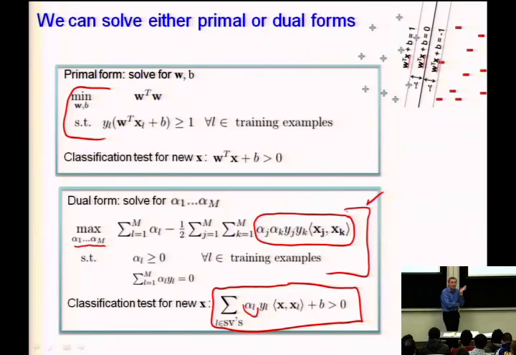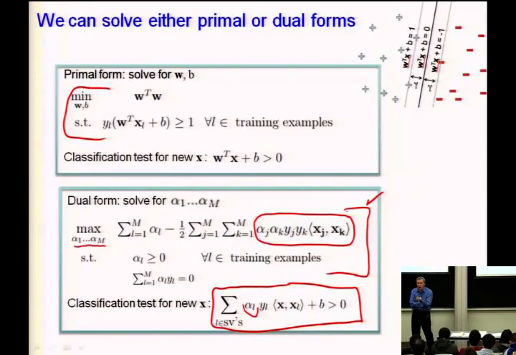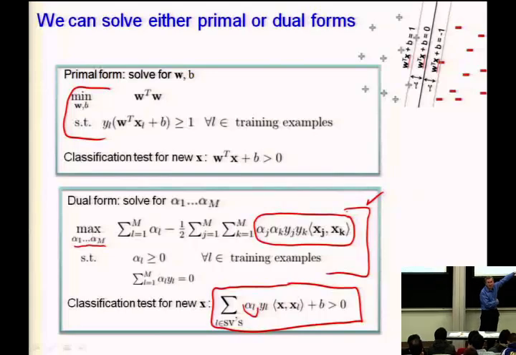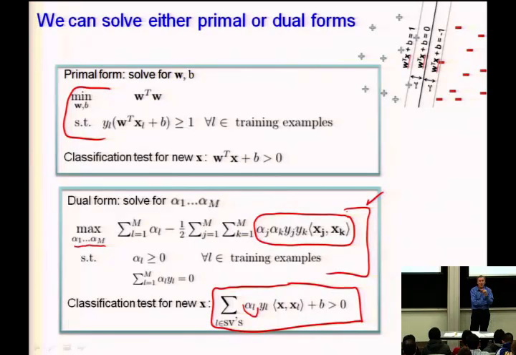Okay, so why is this good for us? Well, for the same reason that the dual form was good for us when we did kernel linear regression: both our training and our use of the function that we're learning depends only on taking dot products of training examples.